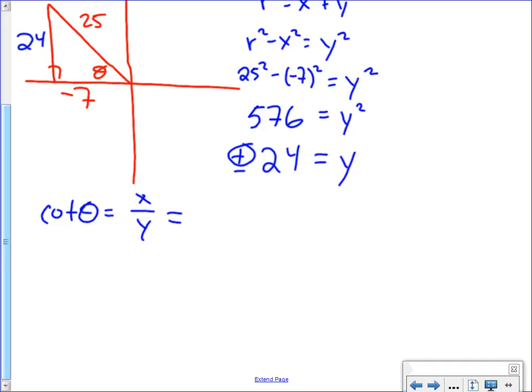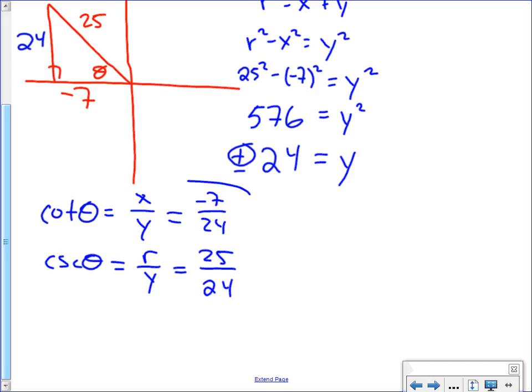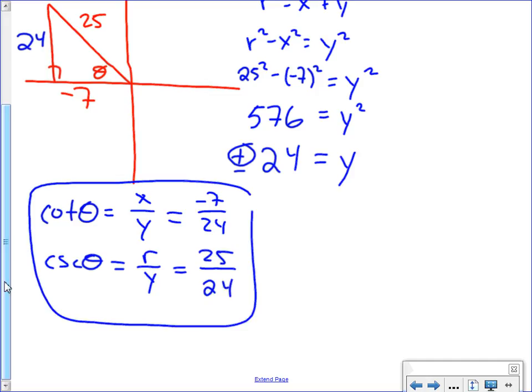So that is -7 over 24. Good. And then it wanted the cosecant, which is r over y. You're correct. The r is 25 over 24. And that's it. Okay. So again, I didn't mean to confuse you by that middle problem.